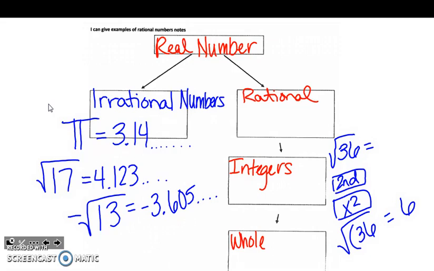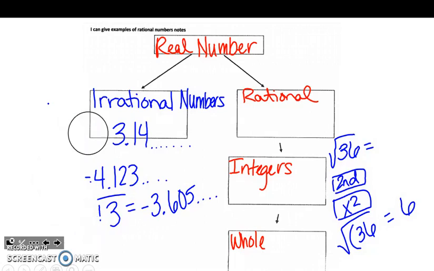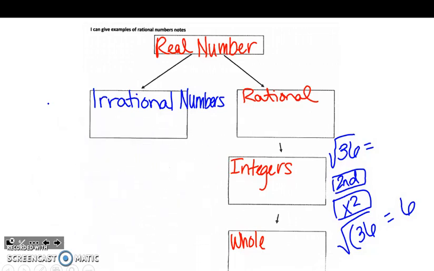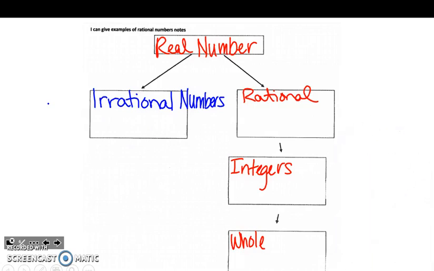As always, if you have any questions about irrational numbers, then make sure you pause the video and ask me. Okay, we're going to do a couple examples, and we're going to have to decide if they're irrational or if they're rational, or what categories they fall into. So I'm going to write them up here at the top.